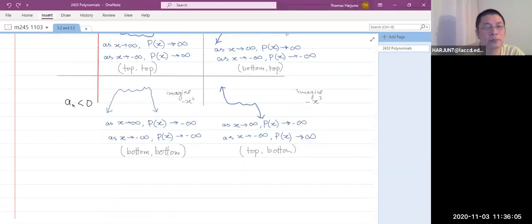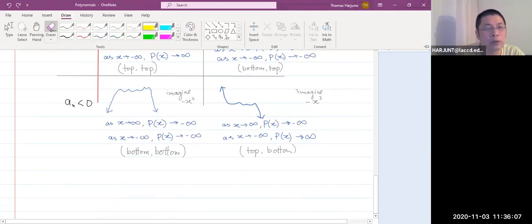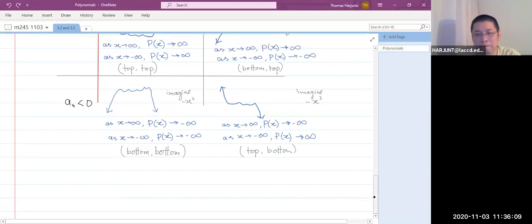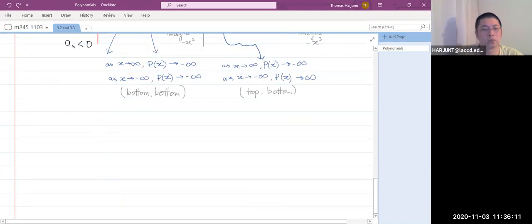Next, we talked about zeros already. Zeros and multiplicity.